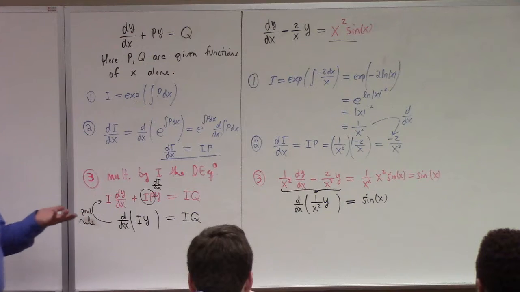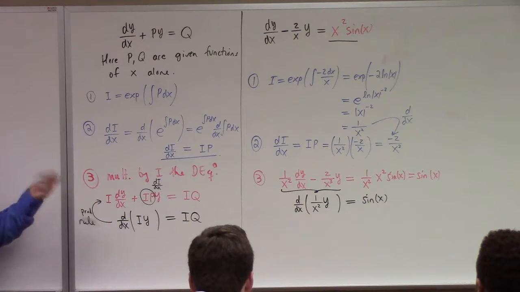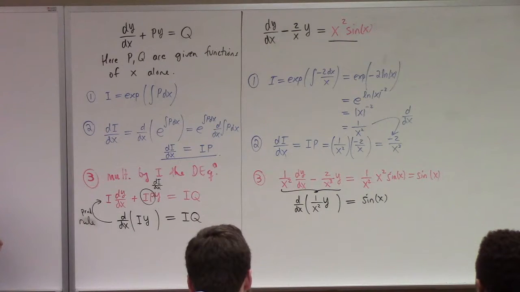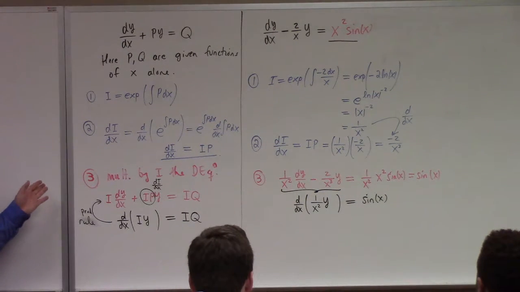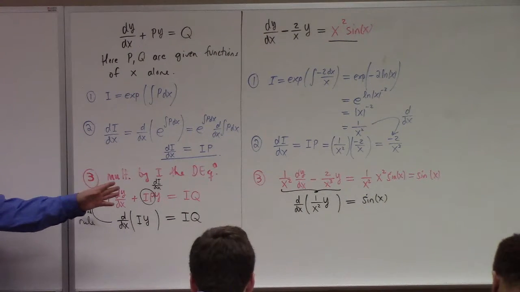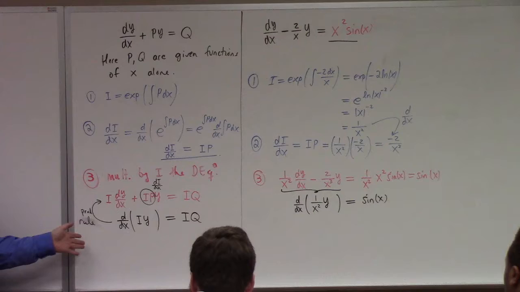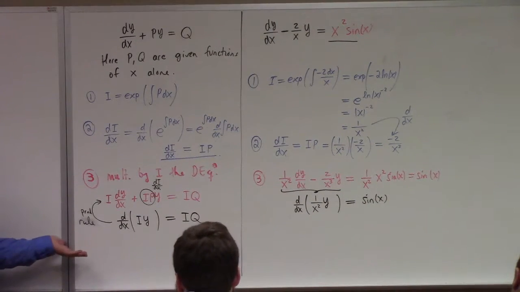Differentiate it, you get 1 over x squared times dy/dx minus 2 over x cubed times y. That's the product rule. What you're seeing going on the left-hand side is evidence that this is not an accident for my example. It's an inevitability. The integrating factor forces the reverse product rule to work.